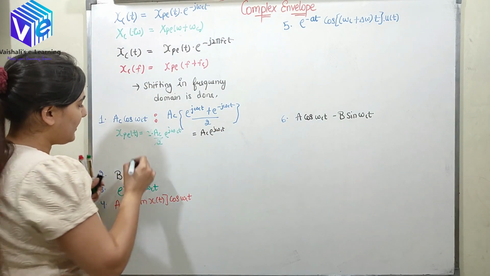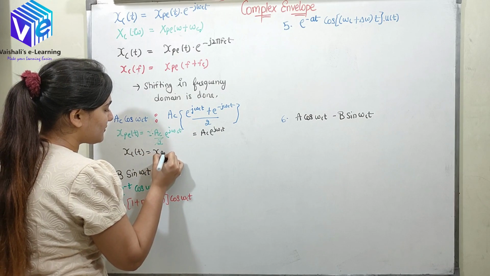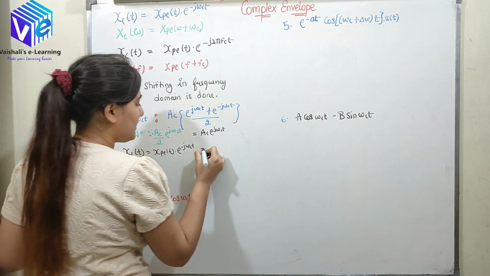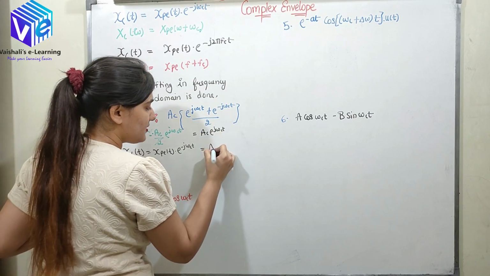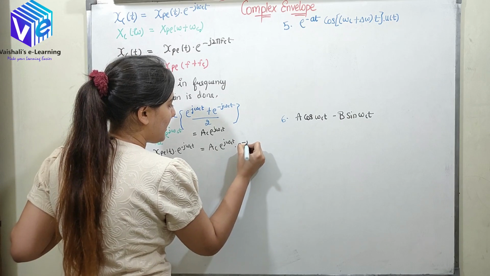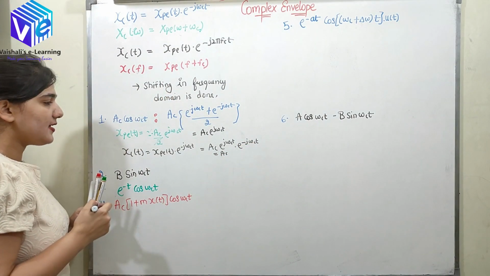Now I need to find the complex envelope. So xc(t) is equal to xp(t) multiplied by e raised to power minus j omega c t. Xp(t) is Ac e raised to power j omega c t, multiplied by e raised to power minus j omega c t. So I'll get Ac.